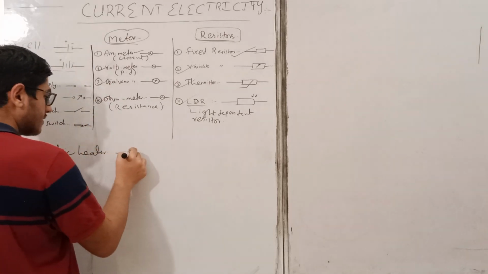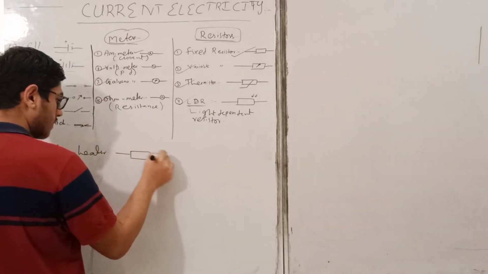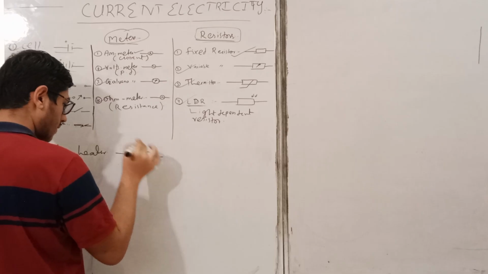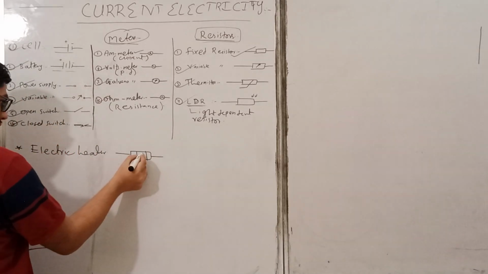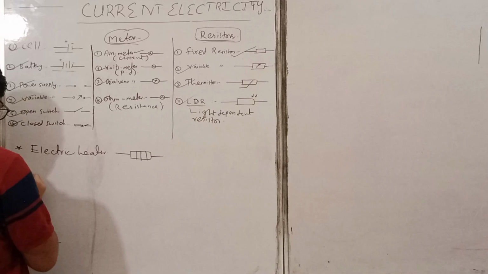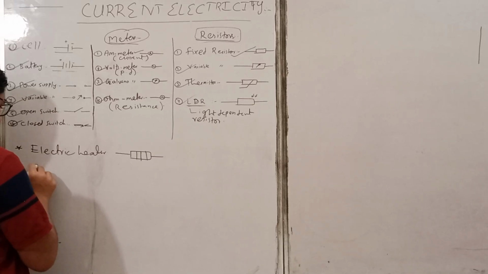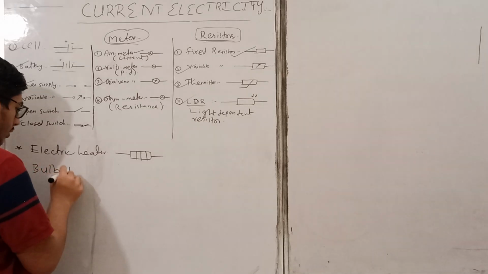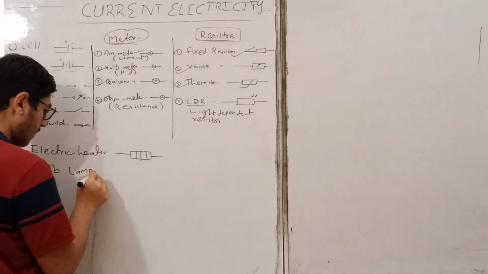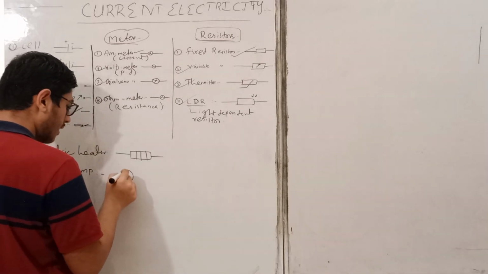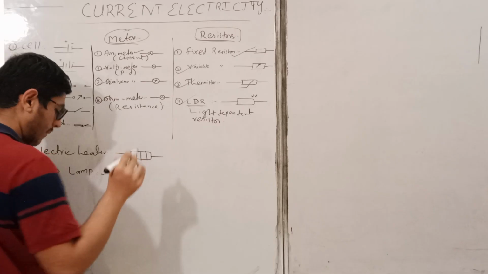Electric heater looks like this. And another is bulb, or you can say lamp. Its symbol is a circle with a cross inscribed in it.